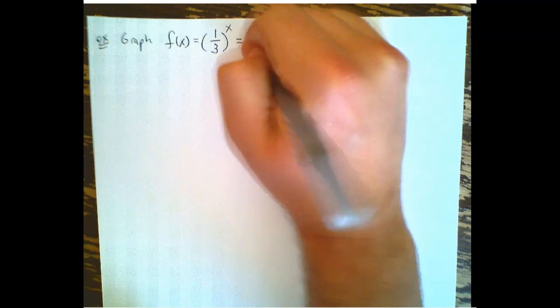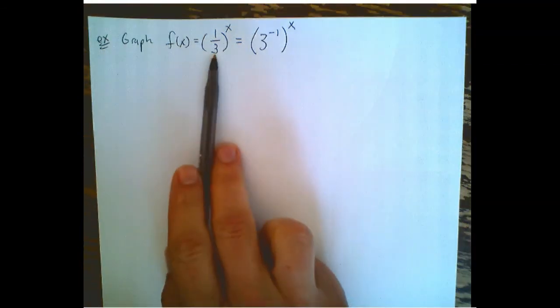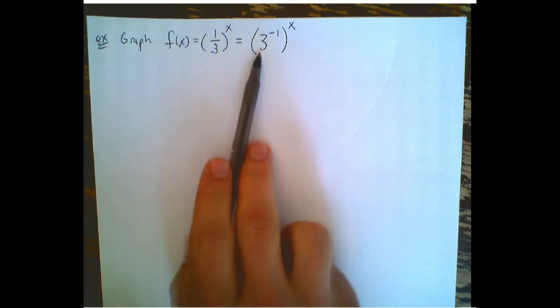Well, notice here that we have 1/3 to the x power. Now, how can I rewrite this 1/3? Well, isn't 1/3 equivalent to 3 to the negative 1? Well, yes, because 3 to the negative 1 is just 1/3.